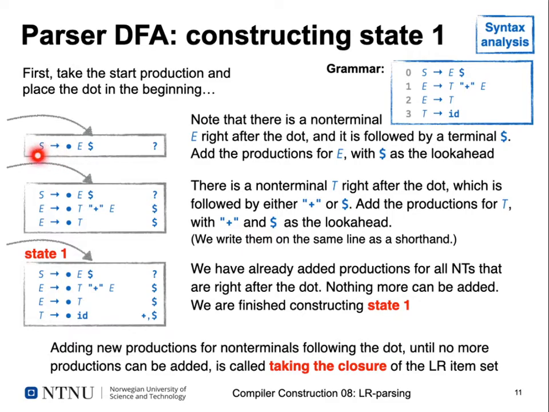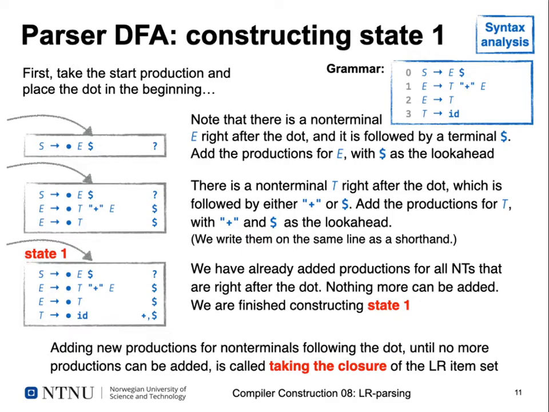So at the start we know we can derive an E, a non-terminal symbol, and then our input is ended, and that doesn't depend on anything coming afterwards. So now we see that there is a non-terminal symbol E right after our dot here, and this is followed by a terminal dollar.